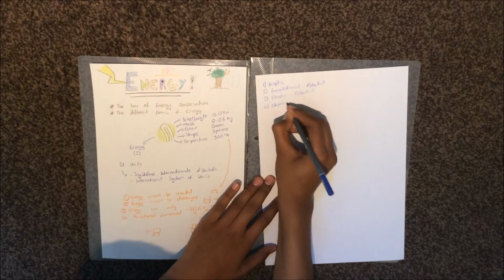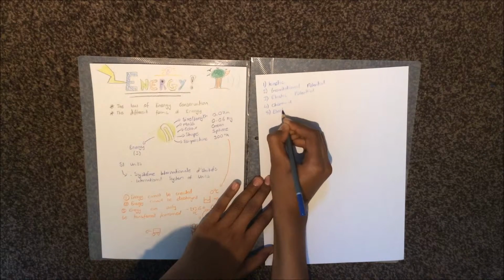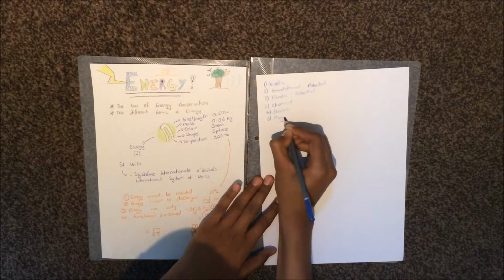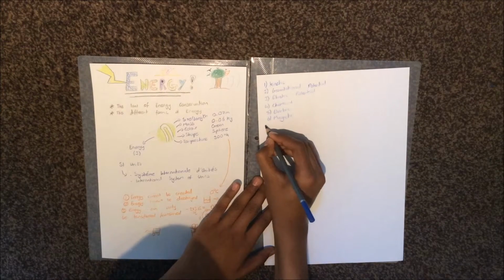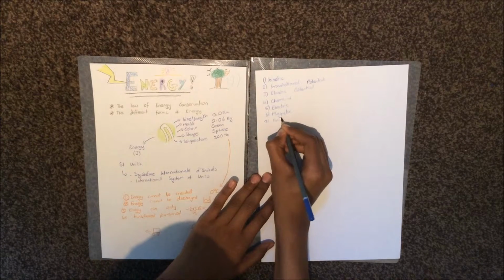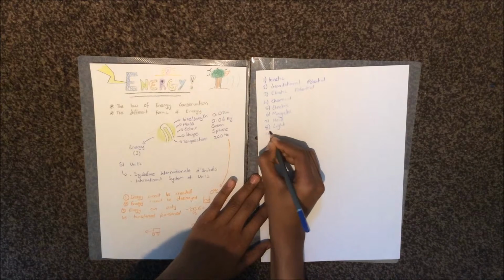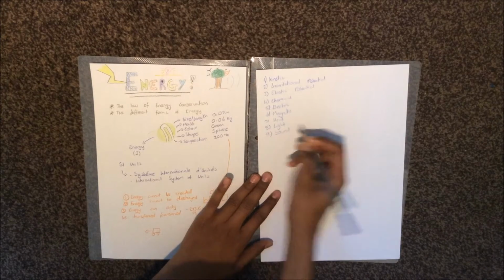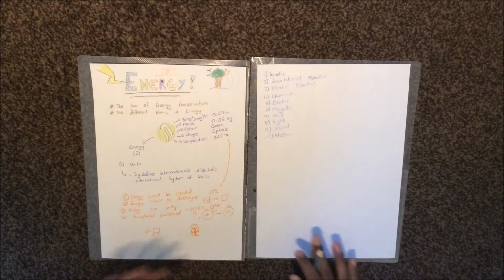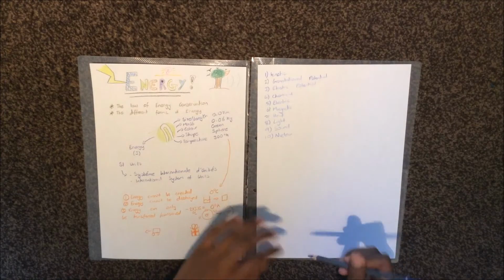We have chemical energy, we have electric energy, there's magnetic energy, there is heat energy, light energy, sound energy, and last but not least, nuclear energy. There are the 10 different types of energy that you need to know.